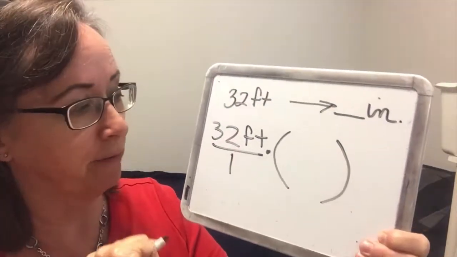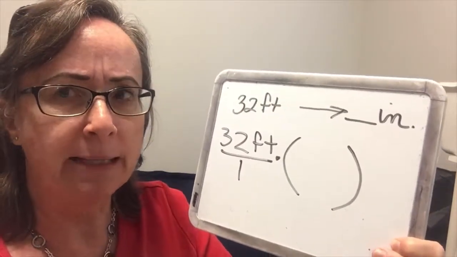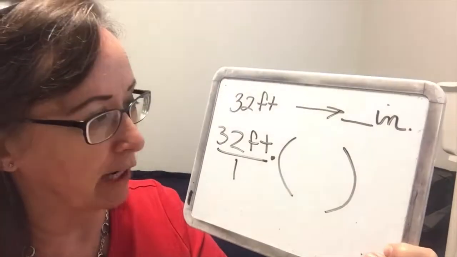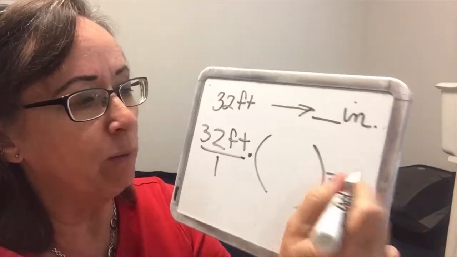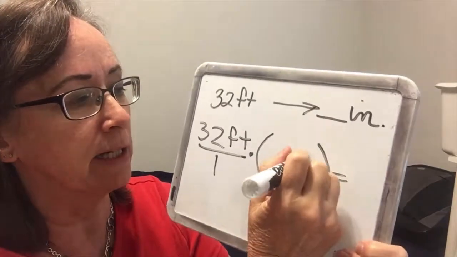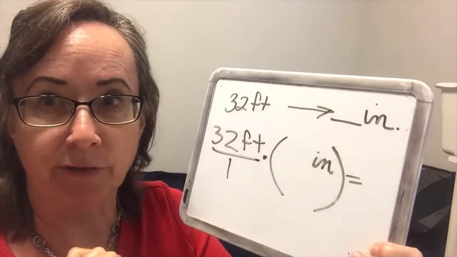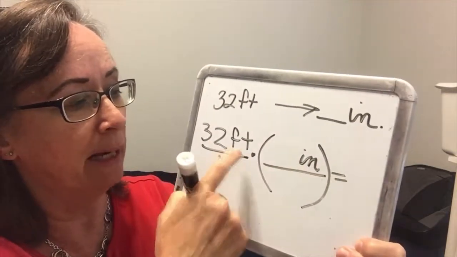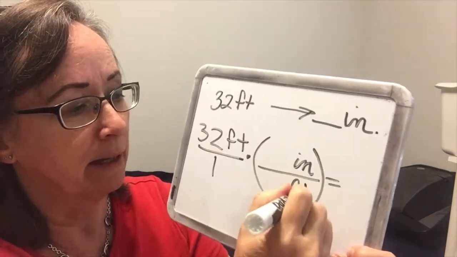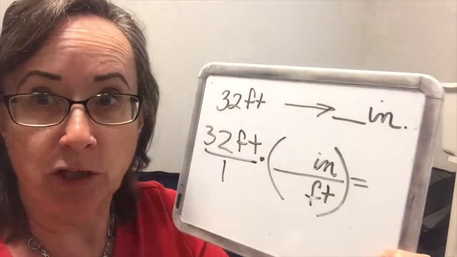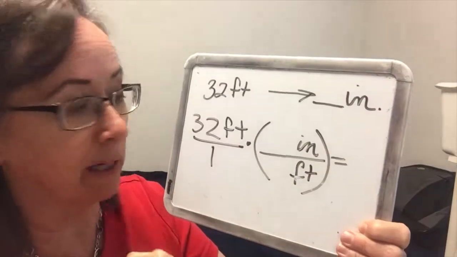But sometimes it's easier to keep track of your numerator and your denominator if you do put it in fraction form. And then we want inches out. So we want inches on the numerator of our unit conversion. And then on the bottom, we want feet, because we want feet and feet to cancel. We want to be left with just inches, right? Because that's what we're trying to go to.